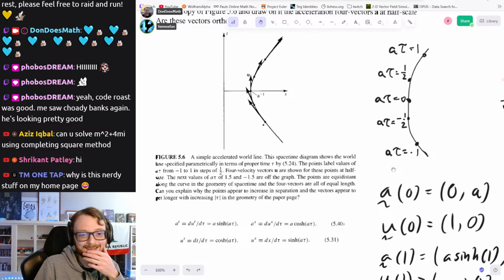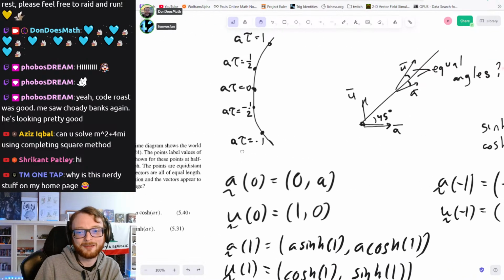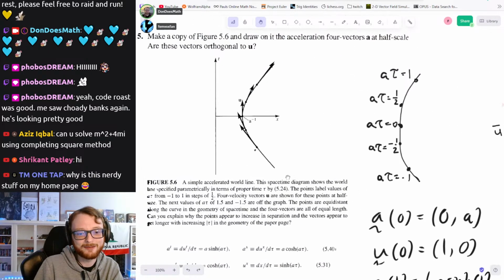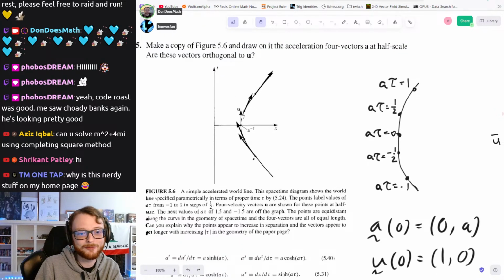Can you say that again? You said something about the 45 degrees. It feels like the 45-degree angle line is a special one, because that's where you go from time-like to space-like. Oh yeah.